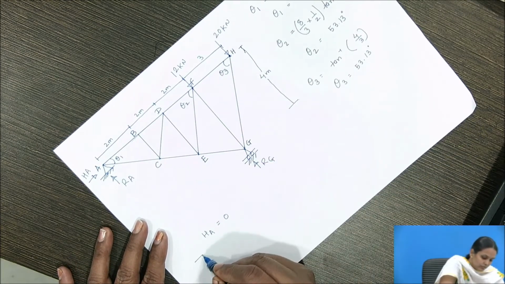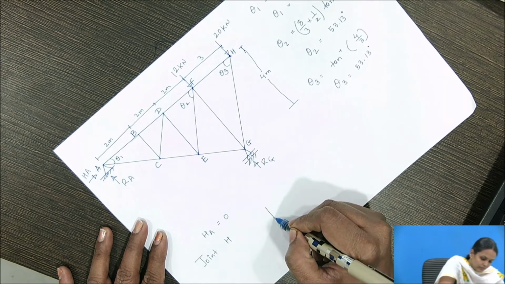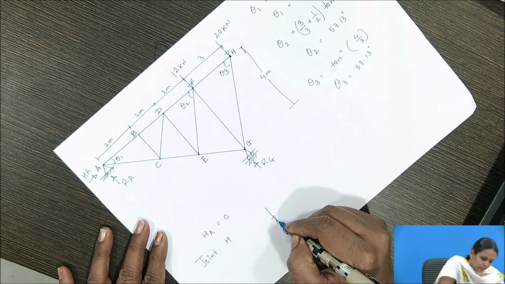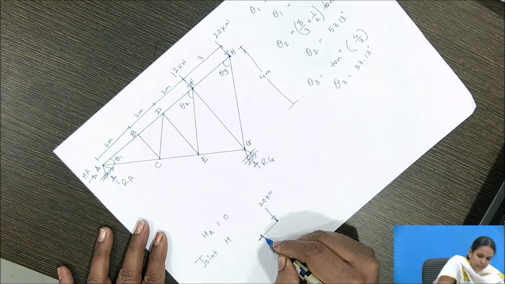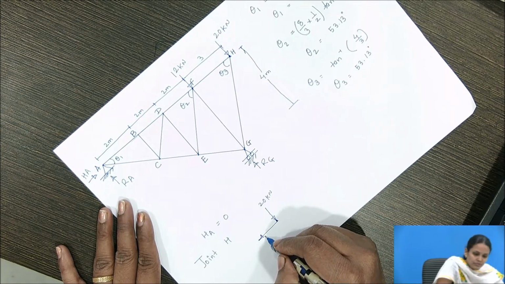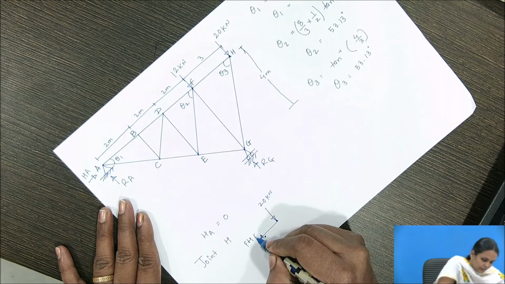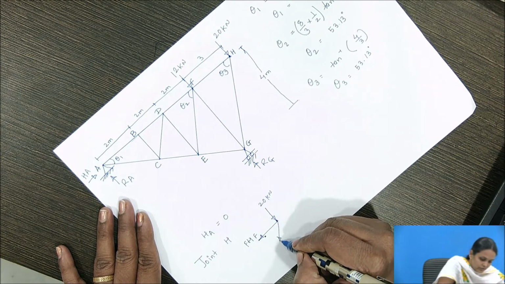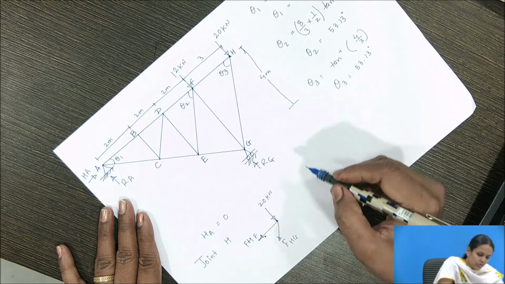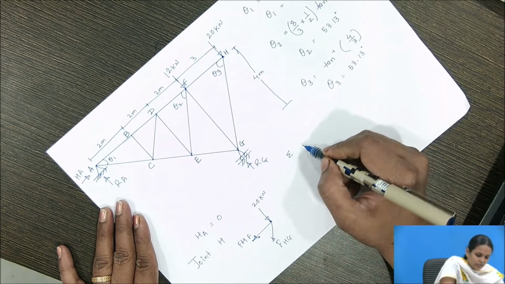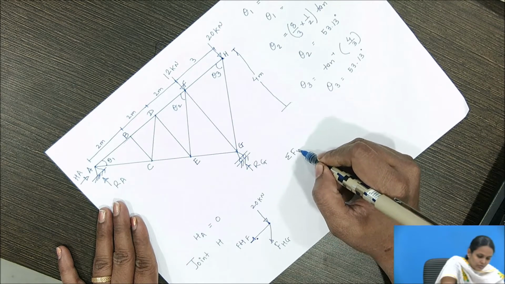If I draw the free body diagram of joint H, the external load of 20 kilonewton is acting. I will consider the nature of force in HF as tensile, and the nature of force in HG also tensile. First I will consider summation of vertical forces equal to 0.